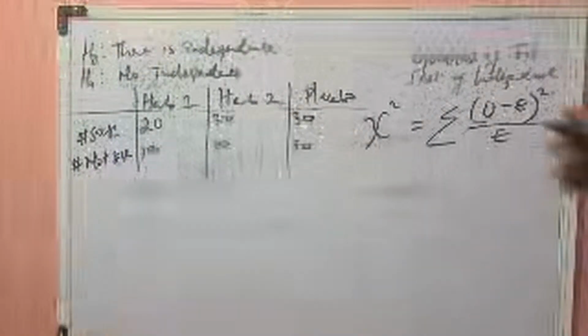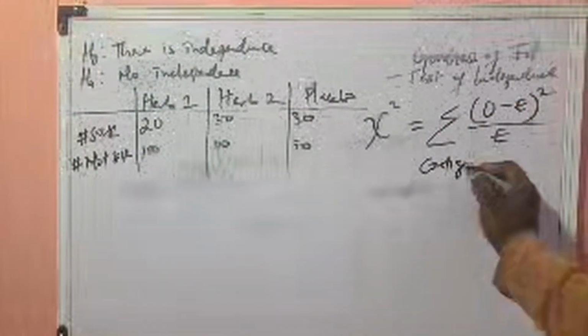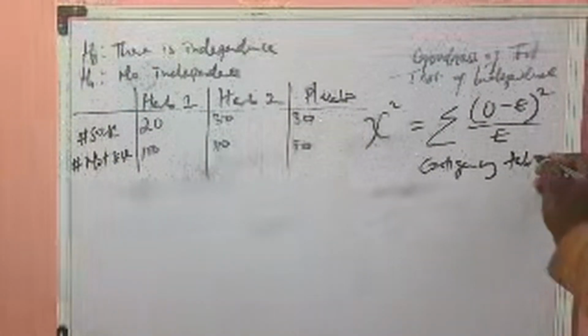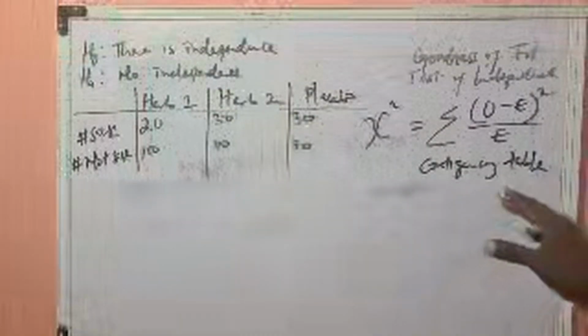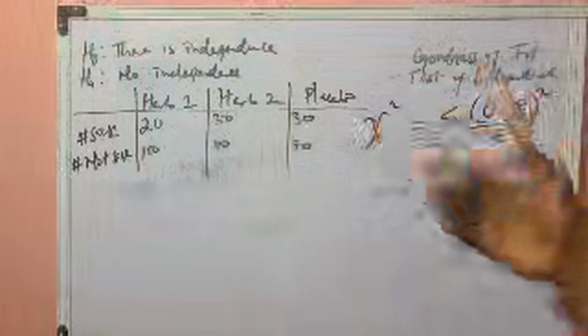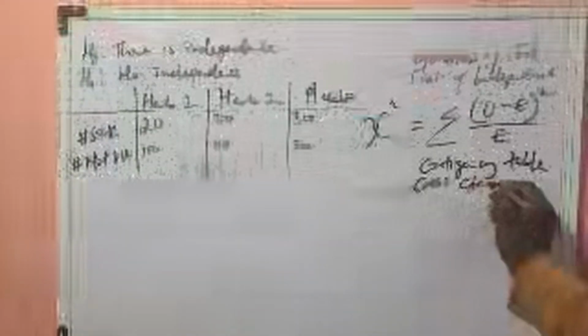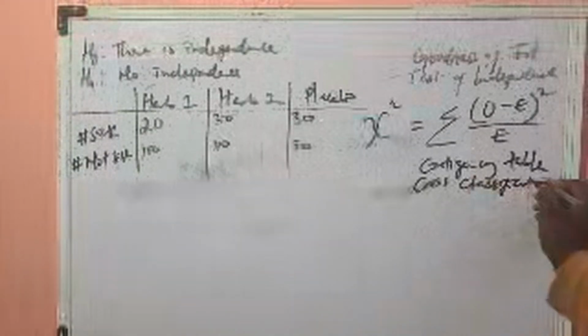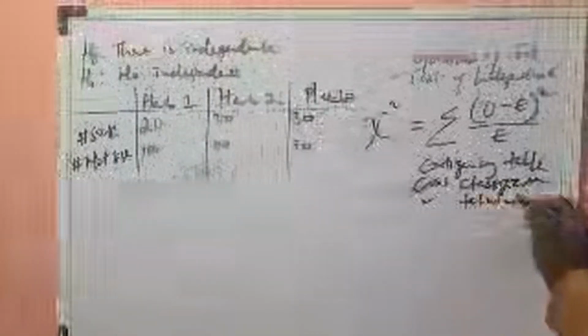Contingency table is the most statistical name given to this. Sometimes we talk about cross classification. Sometimes we may say cross tabulation. Sometimes some people may just say cross tab.